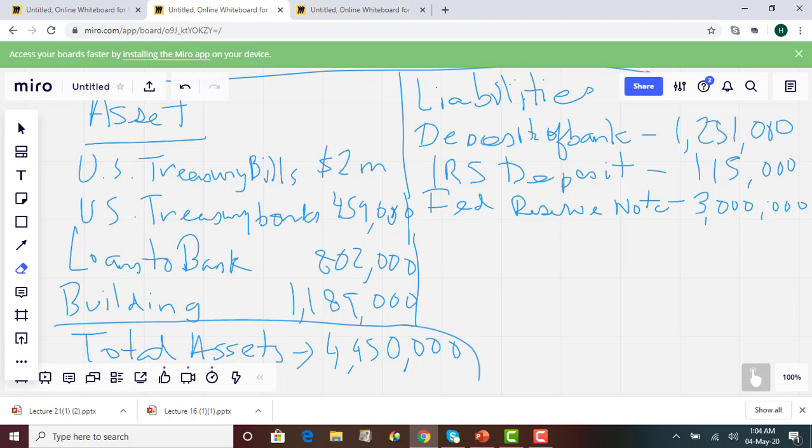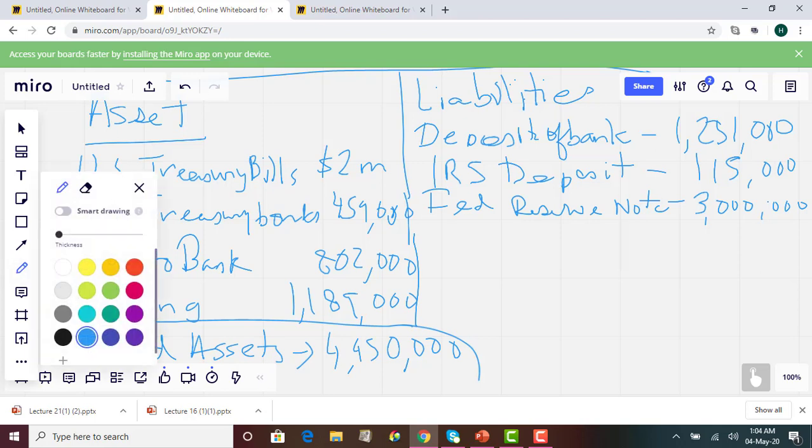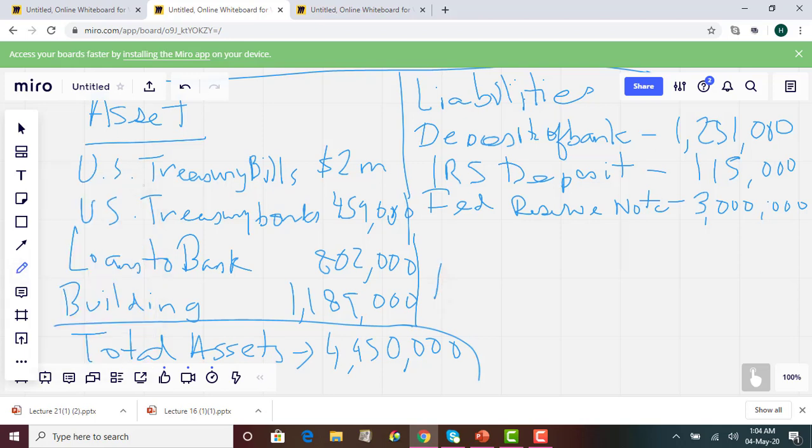Then we will do a total, then we will do net worth, which is basically assets minus liabilities. If you add all these up, that equals 104,000.